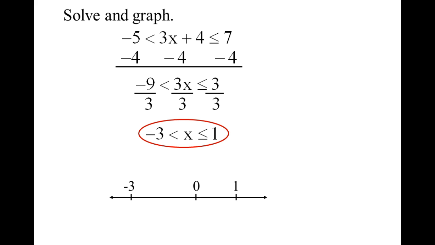There's one open, one closed, and if they have the word "and," what should the graphs look like? Are they between or going away? Between is the word you want to use. So all the numbers between -3 and 1, including 1, should look like this. -3 open, 1 closed, and this means all the numbers in between, so they're connected.